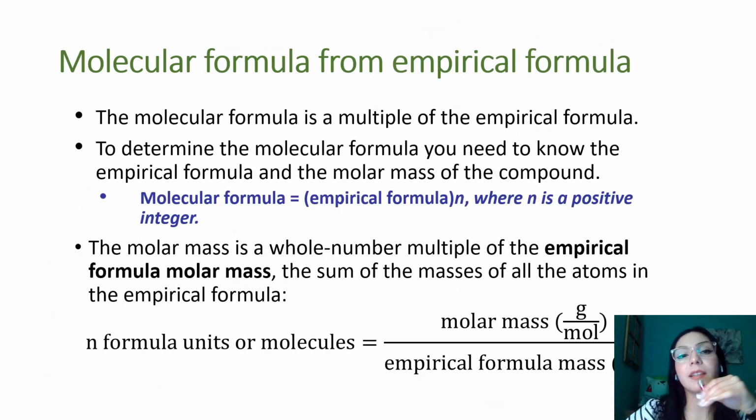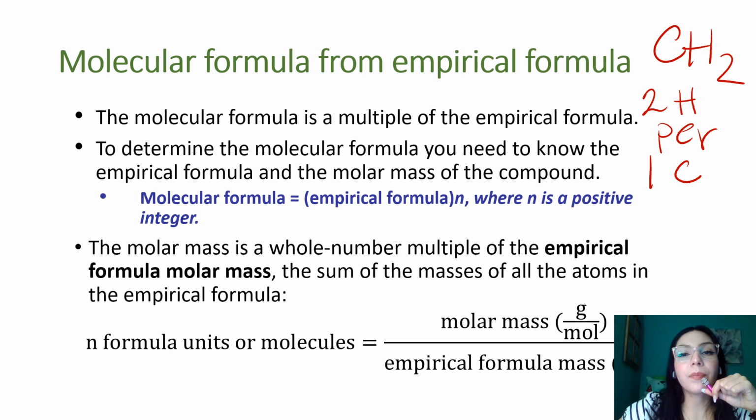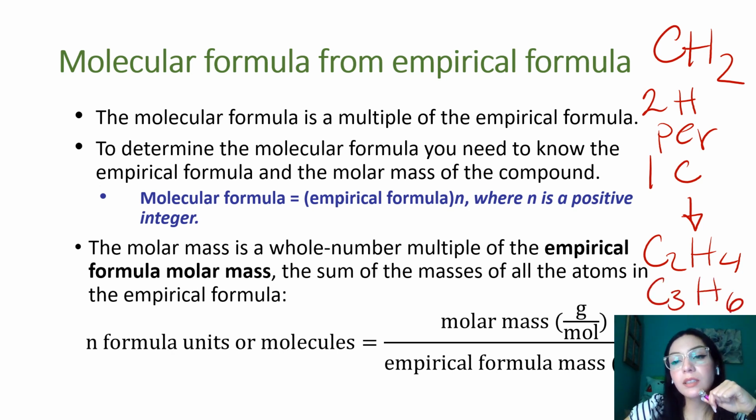I mentioned previously that the empirical formula doesn't necessarily tell us everything about this compound. It tells us the ratio of the elements to each other. On the previous slide, we got this empirical formula, CH2. What this tells us is that we have 2 hydrogens per 1 carbon. You see how it's a ratio? The molecular formula is a multiple of the empirical formula. So this empirical formula could be C2H4, or it could be C3H6.